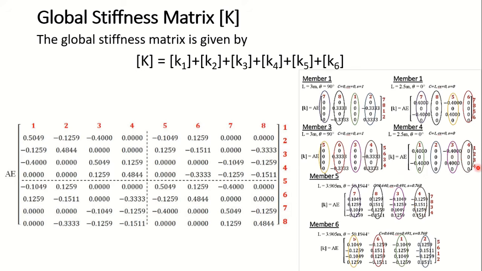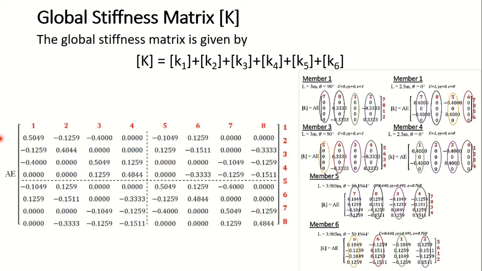Member 4, what we have is 0.1511. So what we had here was 0.333 plus 0 plus 0.1511, so that will be 0.4844. This is how you need to obtain all of these elements of the global stiffness matrix.